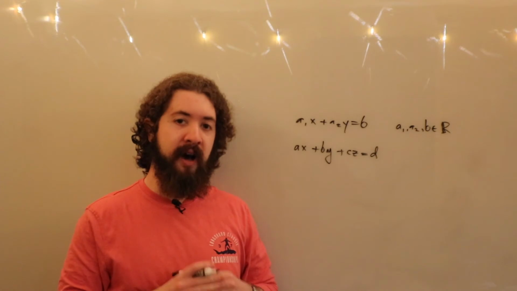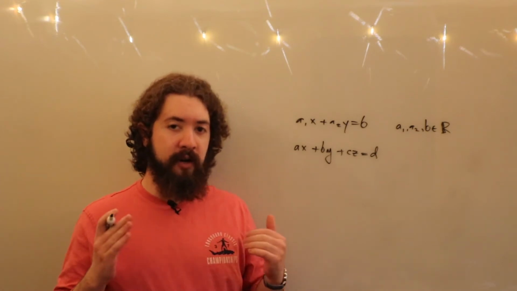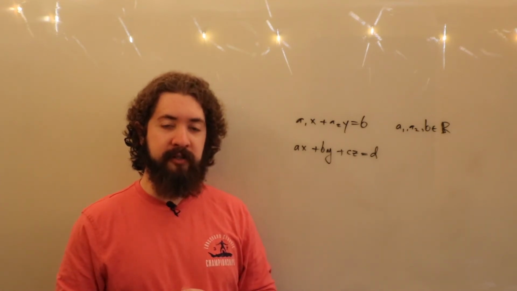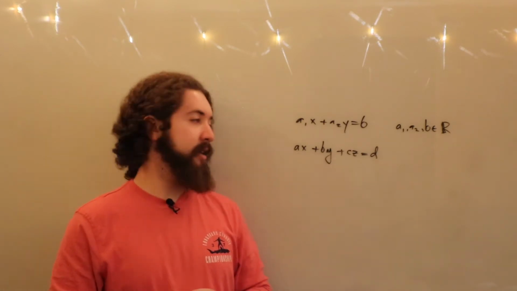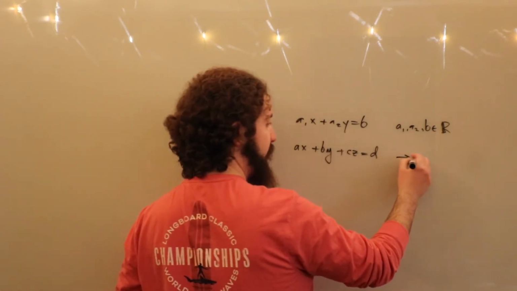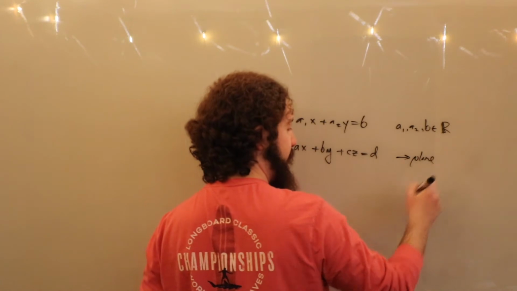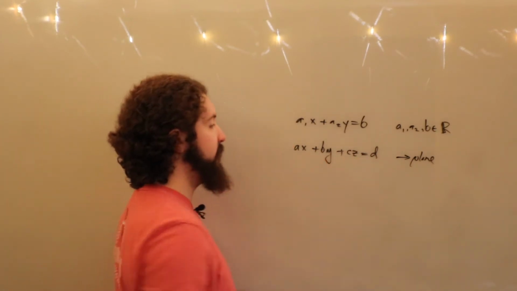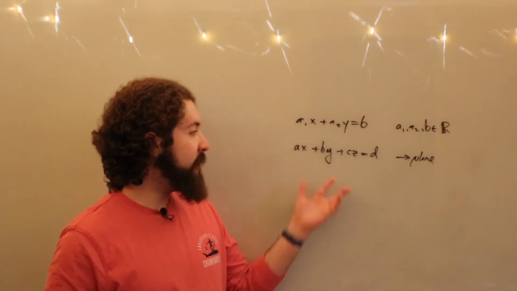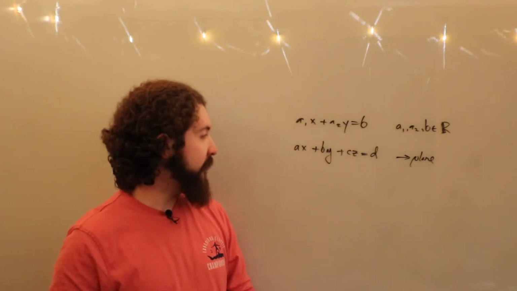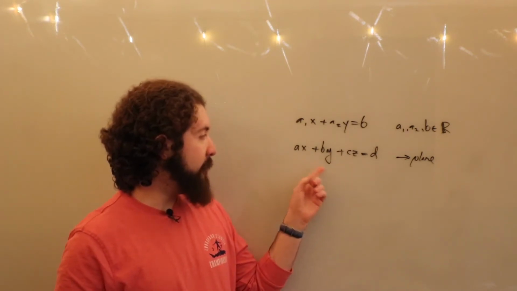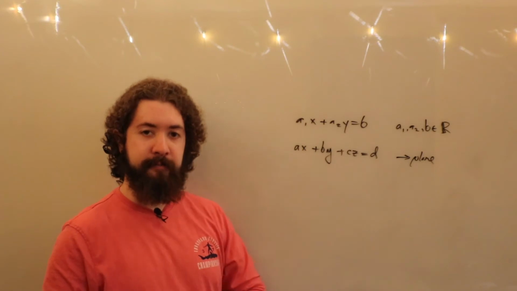Well, it represents the higher dimensional analog of a line in 3 dimensions. What is that? A plane. This is the equation of a plane in R^3. If a, b, c, d are just numbers, you can write every plane in 3-dimensional space with some a, b, c, and d like this.